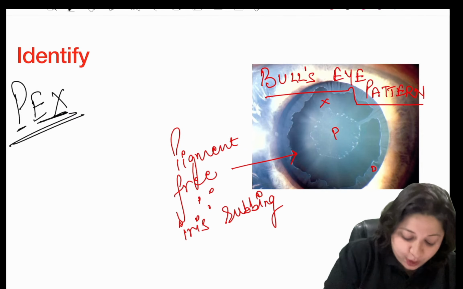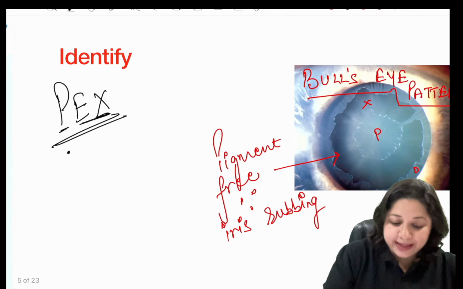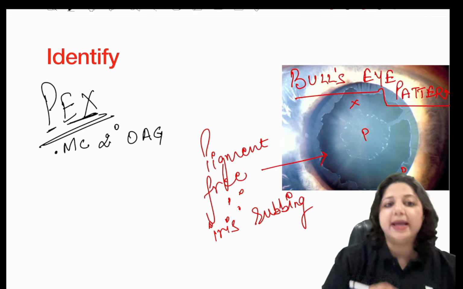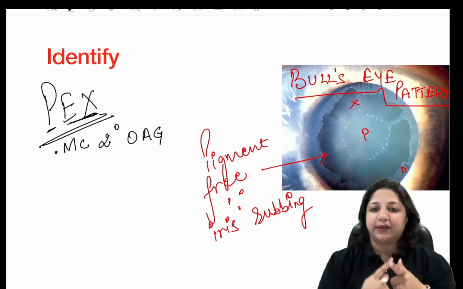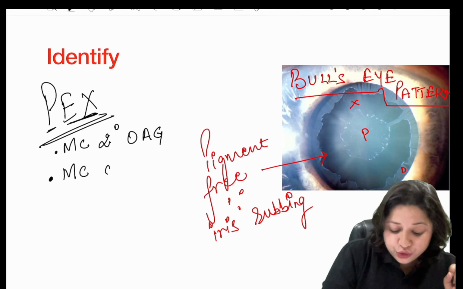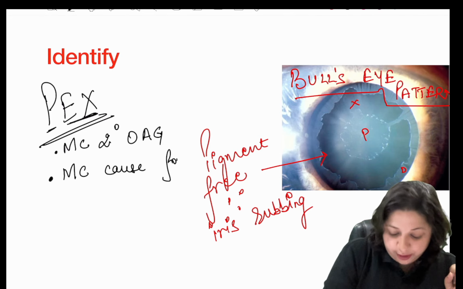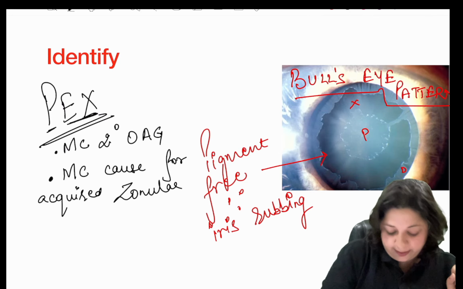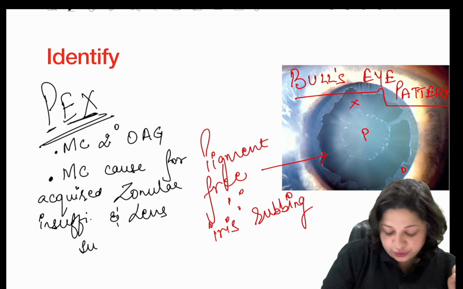Please remember, whenever we talk of pseudo exfoliative, it is the most common cause of secondary open angle glaucoma, and also it is the most common cause for acquired zonular insufficiency and lens subluxation.